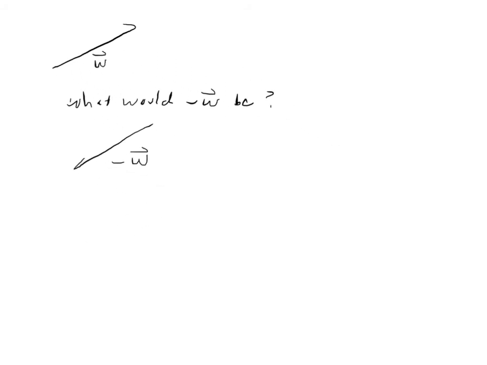If you then consider the resultant vector when you take W and add to it negative W, you're going to get the zero vector. Thinking about the head to tail method, that should make sense.